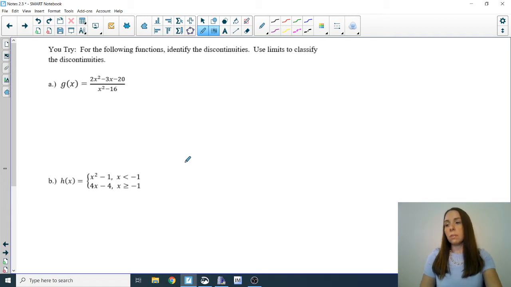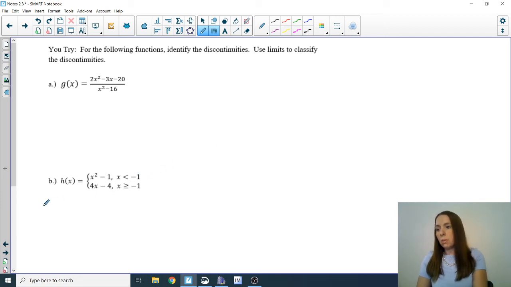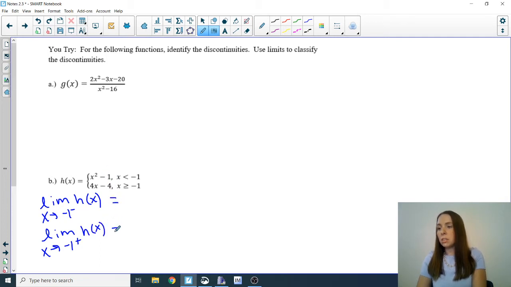If you're looking at this part, the boundary point is x equals -1. And what you want to do is set up a limit as x approaches -1 from the left of h of x, and a limit as x approaches -1 from the right of h of x, and you will be using each of the pieces of the piecewise defined function to find those limits.